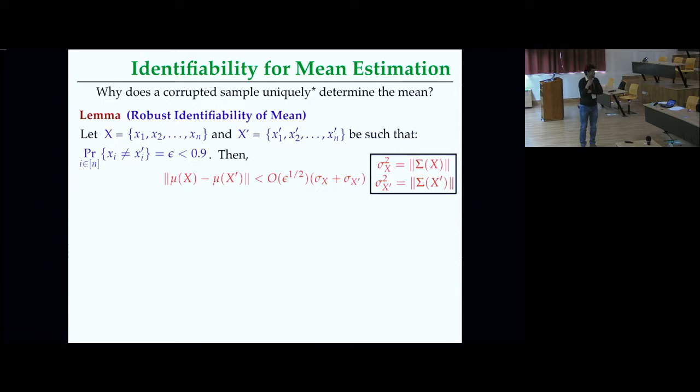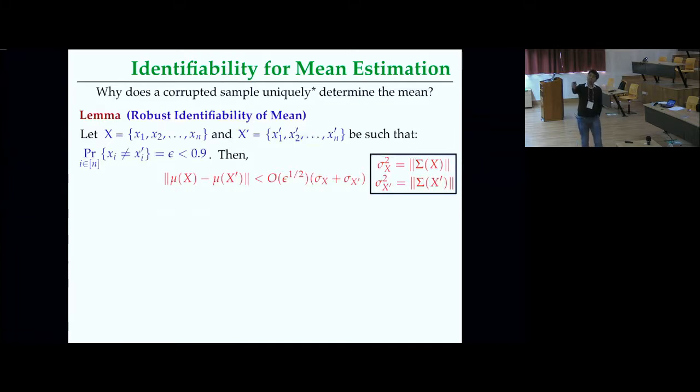So let's write down the lemma and then try to prove it. This lemma says the following. Say x and x prime are two sets of n samples which intersect in epsilon fraction of the positions. So they are epsilon close in Hamming distance, and epsilon is non-trivially away from 1, so it's not too large.